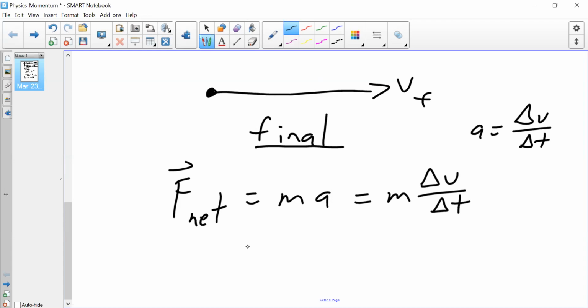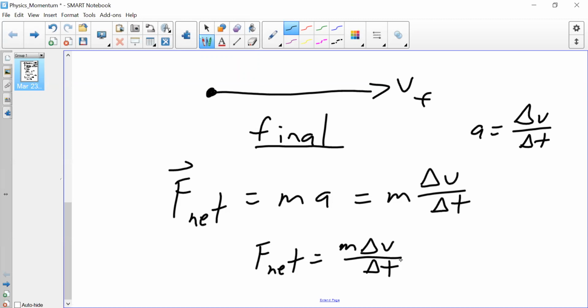So what we have here in terms of the velocity, F net is equal to M delta V over delta T. And so obviously when you reduce that delta V over delta T, you get acceleration, mass times acceleration.